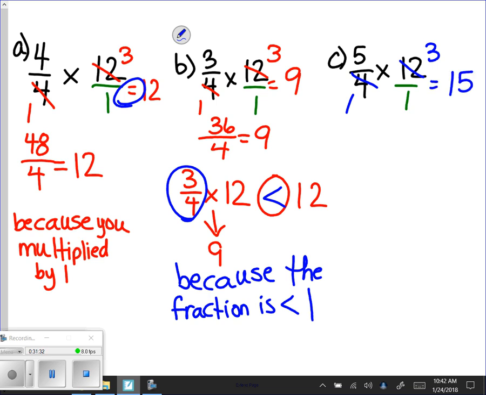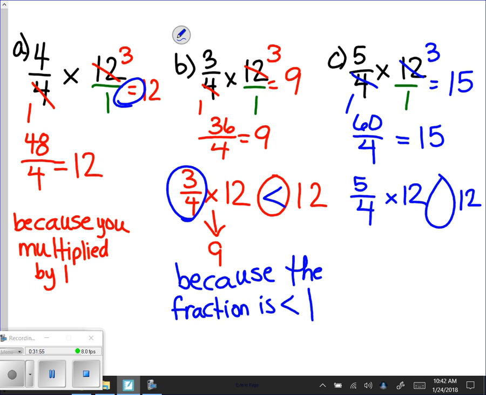Okay, so here, 5/4 times 12, you ended up with 15. You would have had 60 divided by 4, and dividing that, you ended up with 15 anyway. So this is when doing this was really nice. The product of this was 15.